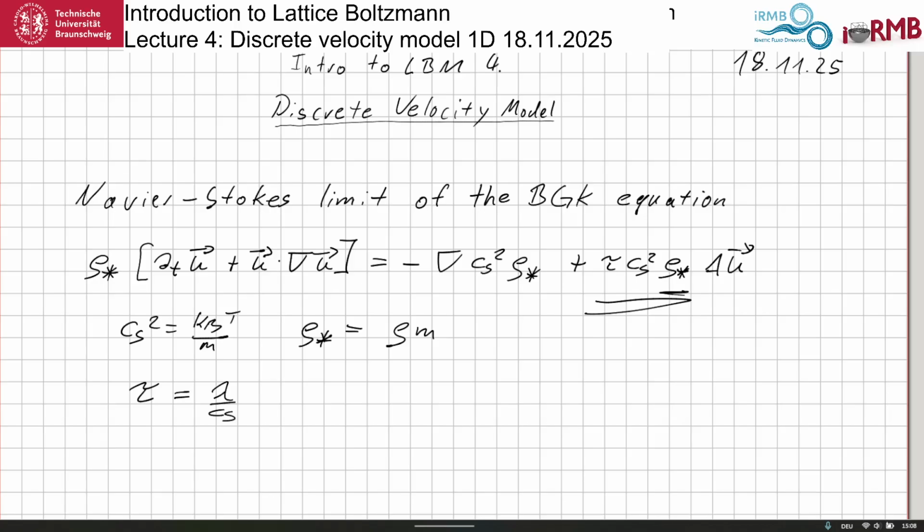So this tau cs squared can also be written as lambda times cs. That would be the same thing.